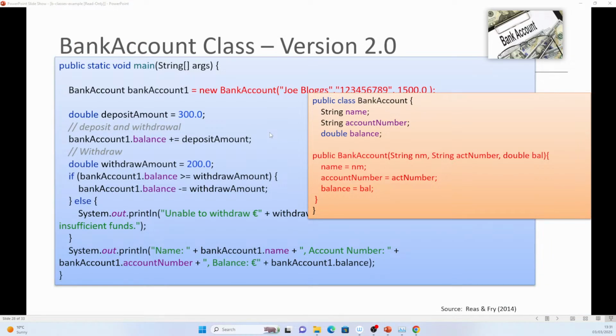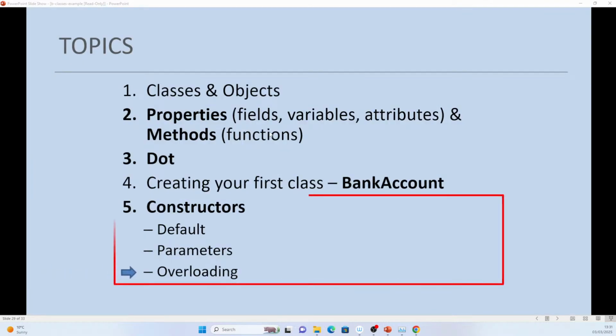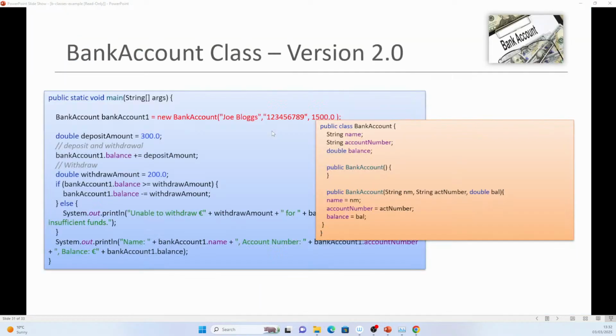Now, what that was, was overloading a method, which you'll have seen before. So we now have two methods called bank account. We didn't write this, but it's there. This one is number 1, and this is number 2. How do we know which one to call? Because of the number of parameters.